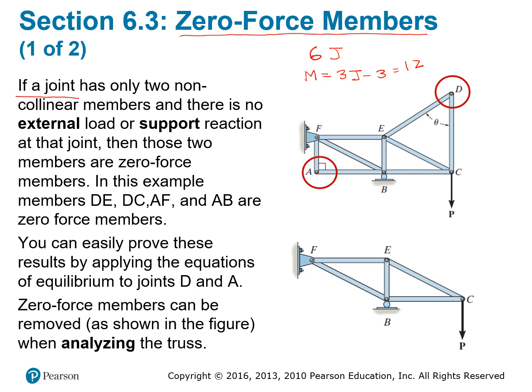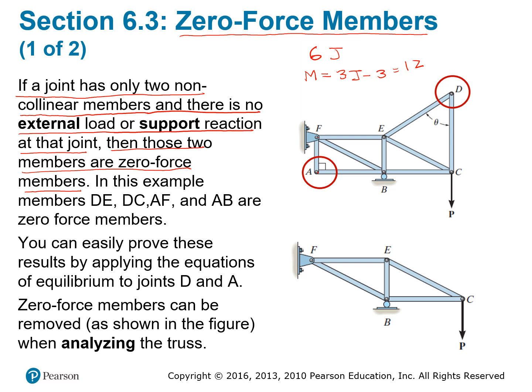If a joint has only 2 non-collinear members and there's no external load or support reaction at the joint, then those 2 members are zero force members. Okay, so what is collinear?